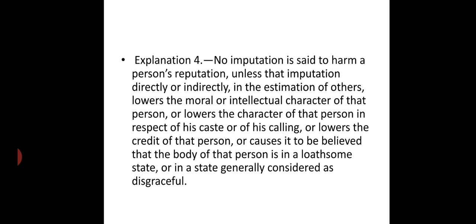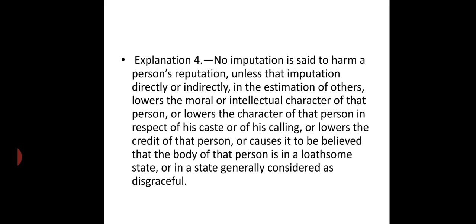In ingredient 1, there is a point: publication of defamatory matter. For the offense of defamation, publication of defamatory matter is essential. In other words, the defamatory matter must be communicated to some person other than the person it concerns.